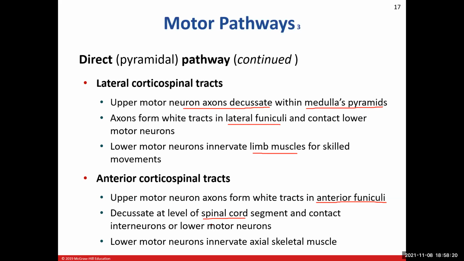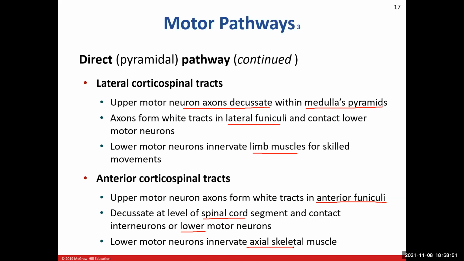And so it exits out, excuse me, it doesn't exit out. This is still the upper motor neuron. And then it will synapse either with an interneuron or one of the lower motor neurons there. And that lower motor neuron cell body is located in the anterior gray horn. And so then it exits out of the spinal cord through the anterior roots and then through the spinal nerve, and then it will innervate the axial skeletal muscles.